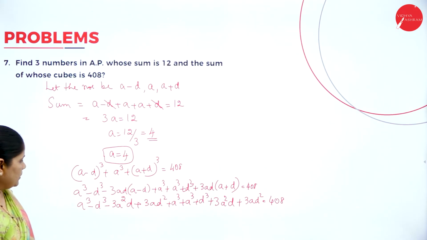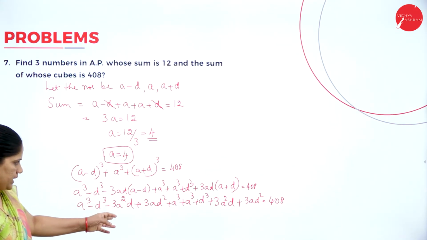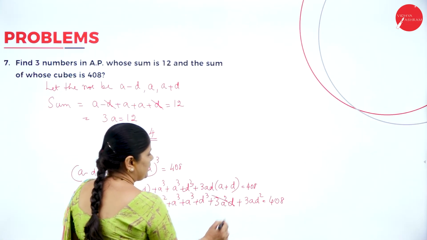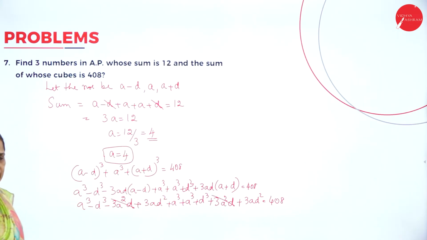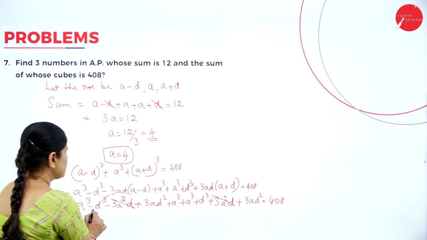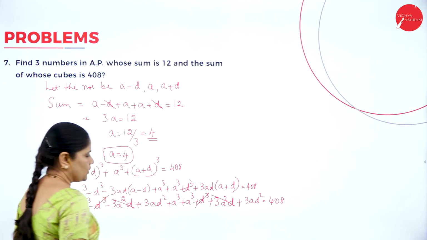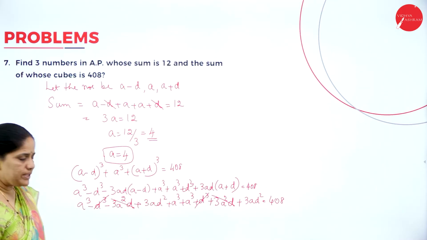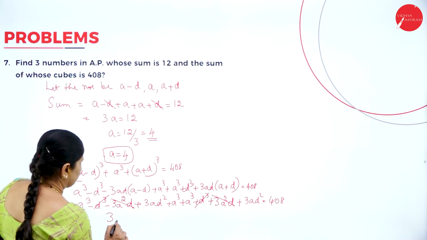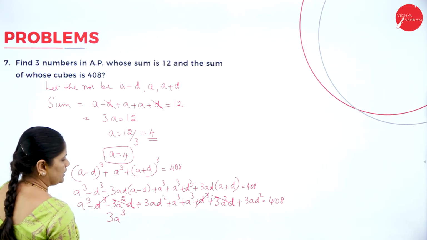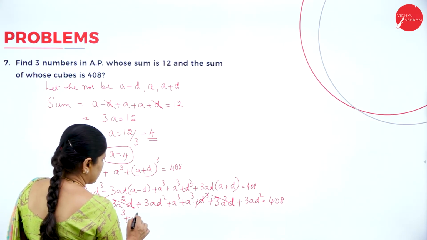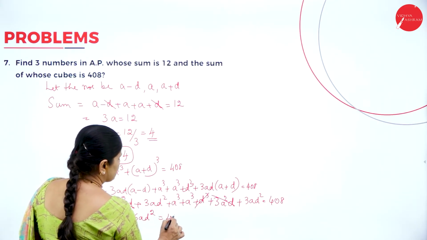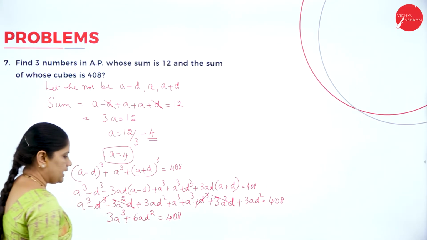Now, let us see if we can simplify. Minus 3a square d plus 3a square d gets cancelled. Minus d cube plus d cube gets cancelled. So a cube plus a cube plus a cube is 3a cube. 3a cube plus 6ad square equals 408.